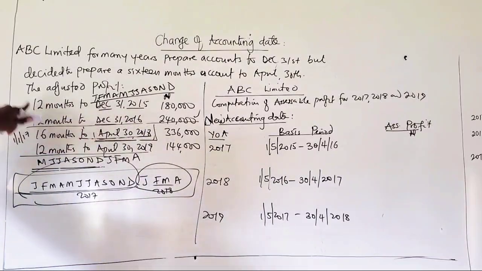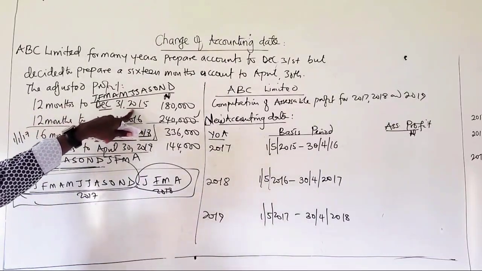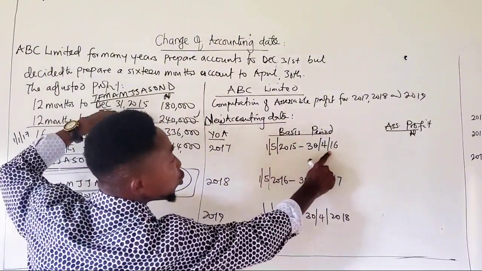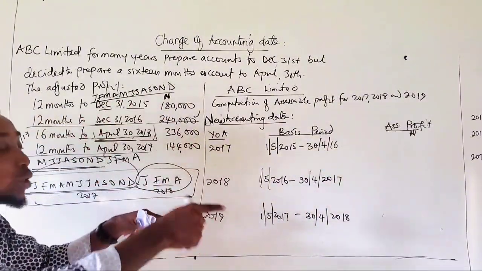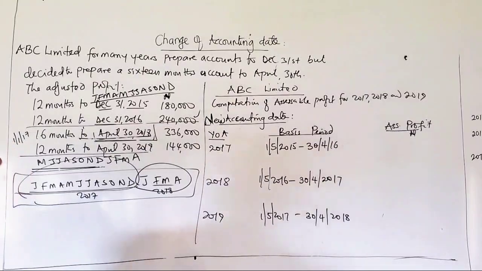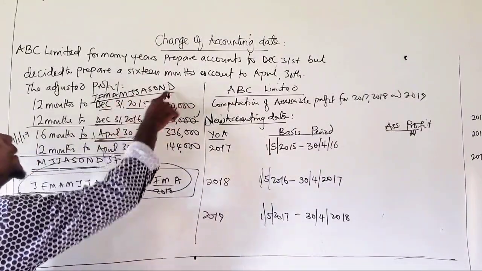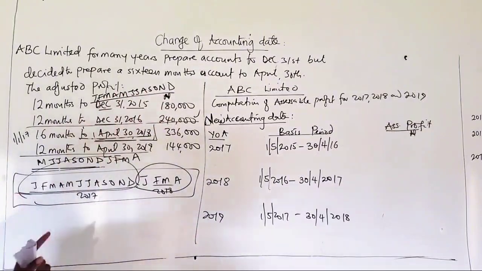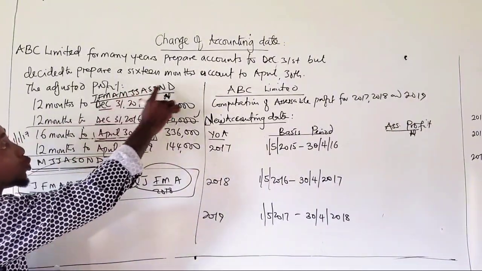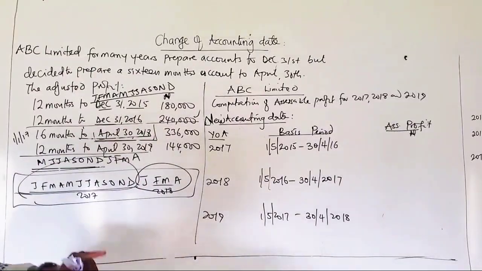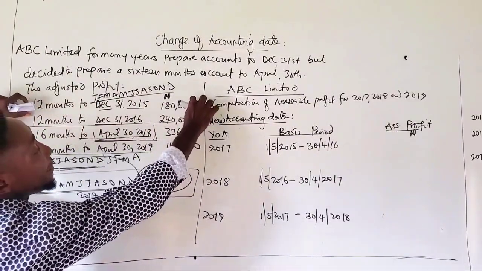Now we are told to look for May 2015 to April 2016. Now we have May to December 2015 in this period. First of all, we have May to December. We are looking for May to April of 2016. So they gave us May to December first.